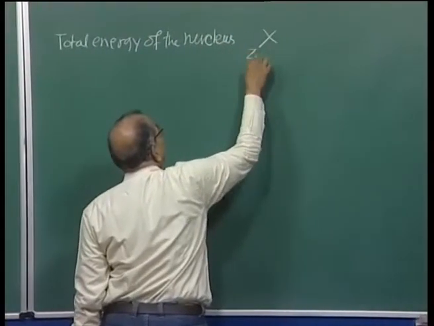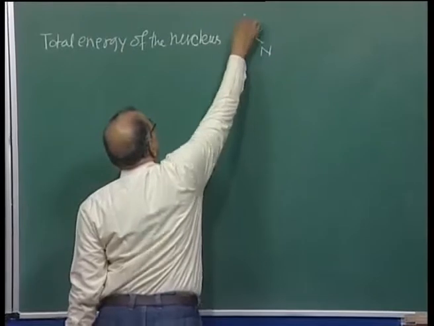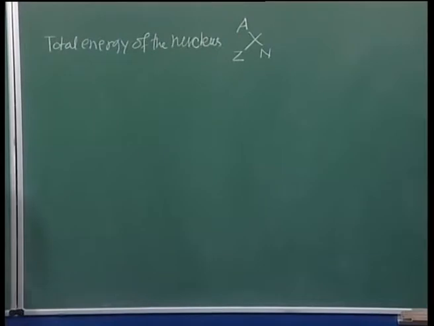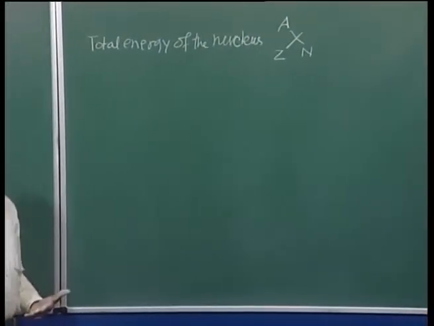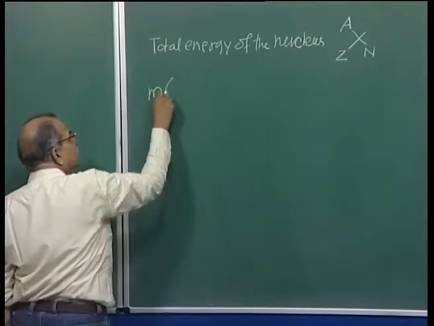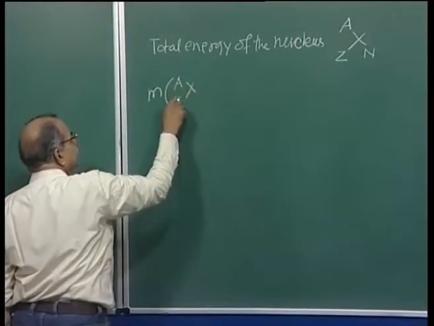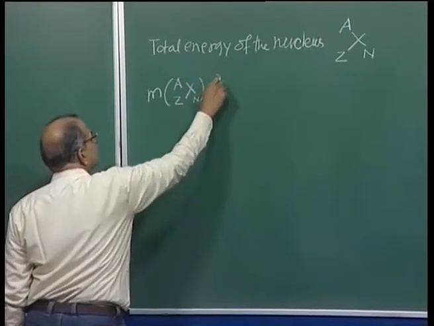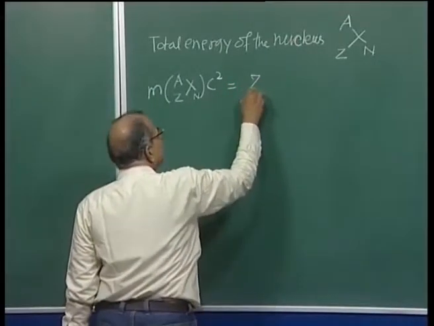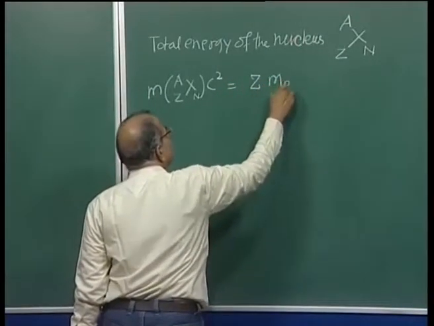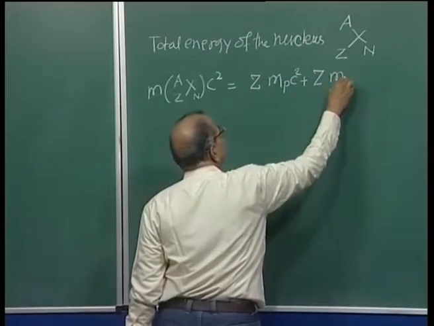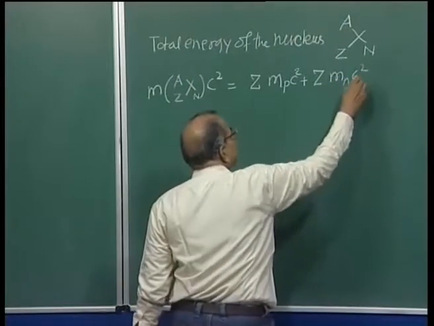With Z protons, N neutrons, total nucleon number A, and total energy, as you know, is mass times c square. Okay. So, this total energy is mass of this nucleus A X Z N times c square. This you can write as Z times mass of proton c square plus N times mass of neutron c square, but this is not equal.